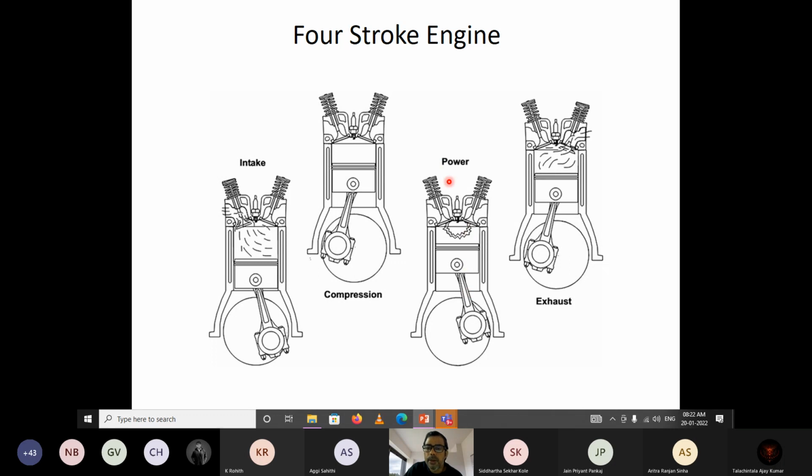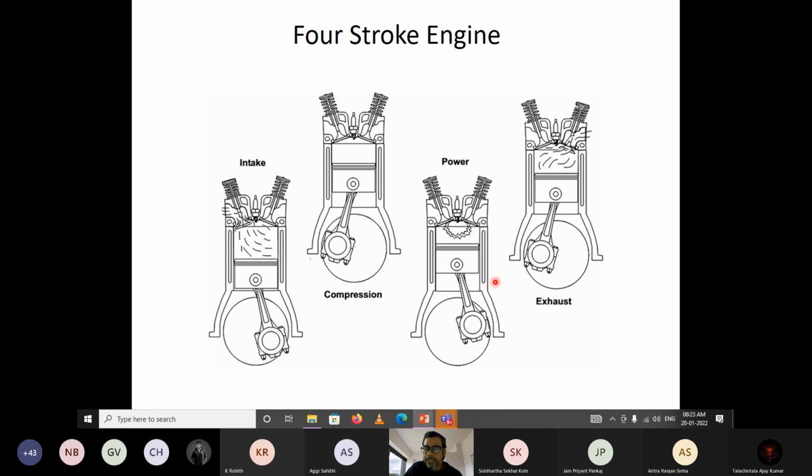That is called our power stroke or the expansion stroke, in which the piston is moving down from the top dead center to the bottom dead center. Both valves are in closed position.